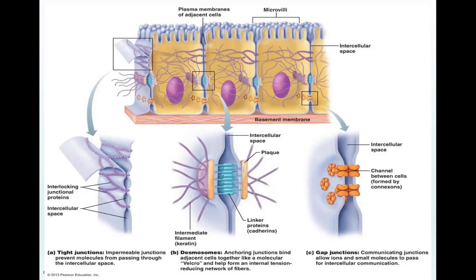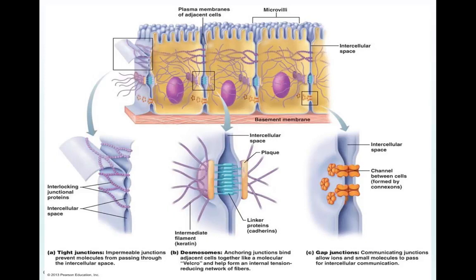The second type of junction we have is desmosomes. Desmosomes are very similar to zippers, as these proteins come together, and from one cell to another cell they fit into each other to form linker proteins, or to form a linkage between each other and ensure that the cells remain attached to each other.